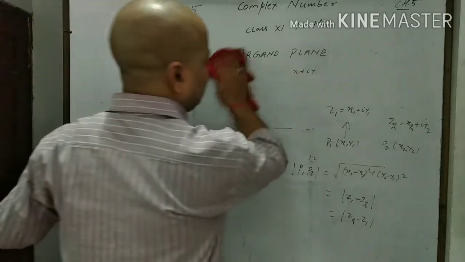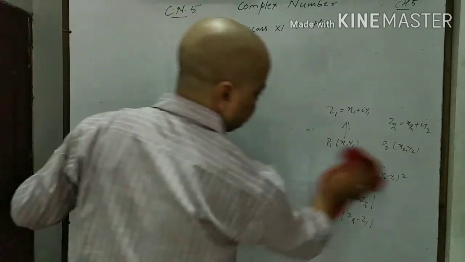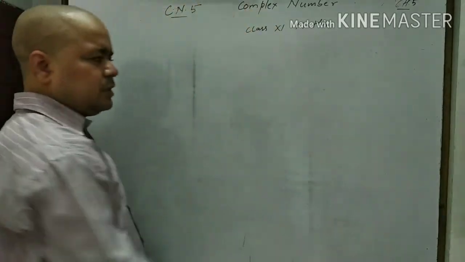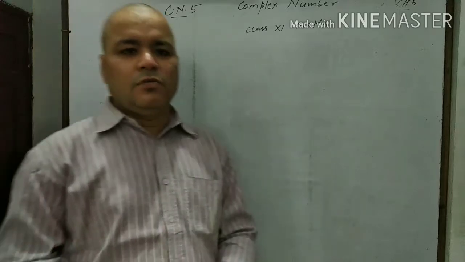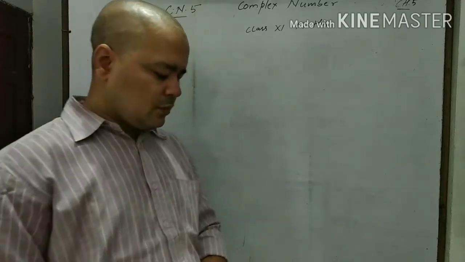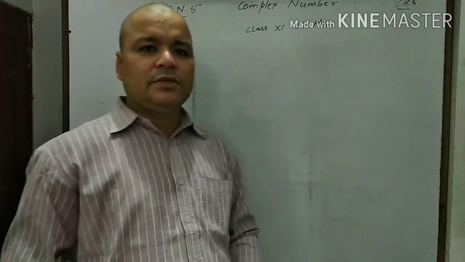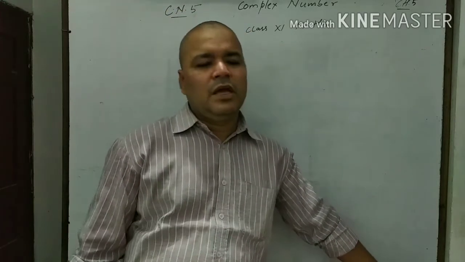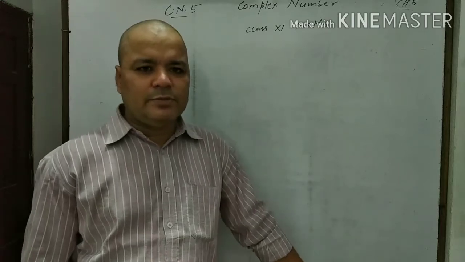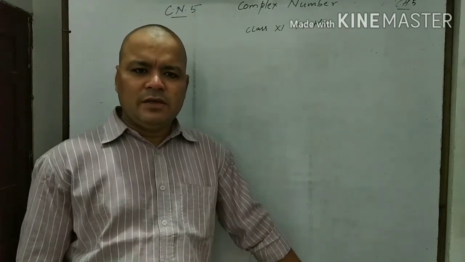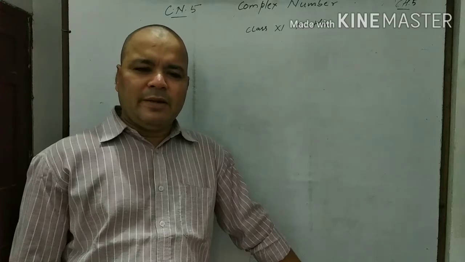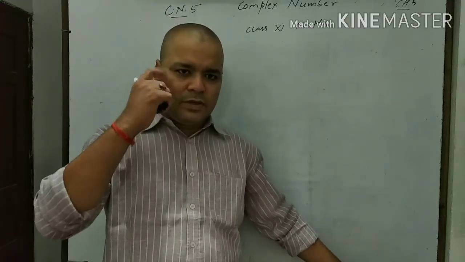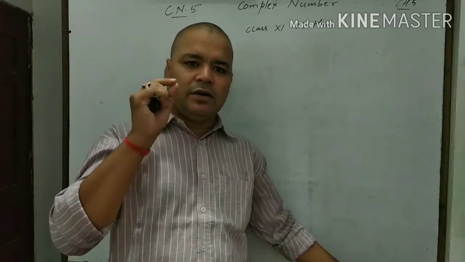Polar representation of complex number. First, what is the complex number? The plane which represents the complex number is called the complex plane or Argand plane. If we have any point P(x, y), that can be represented by x plus iy. It means in the Argand plane every point represents a complex number, and a complex number represents a unique point in the Argand plane.